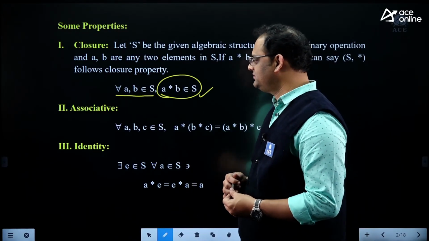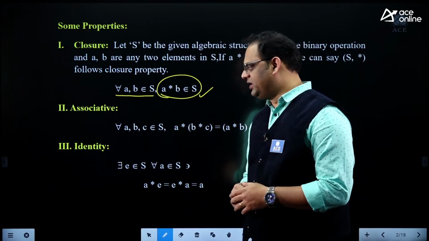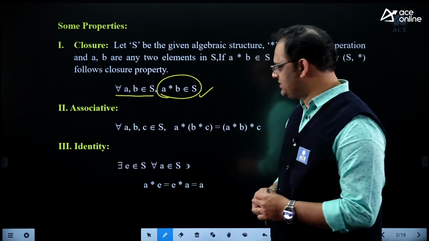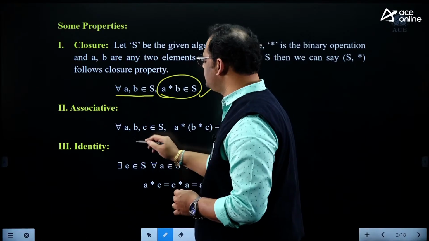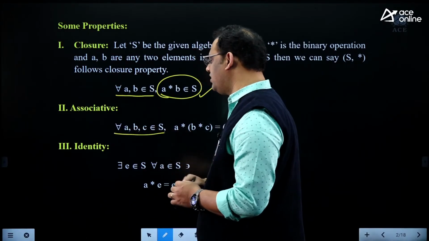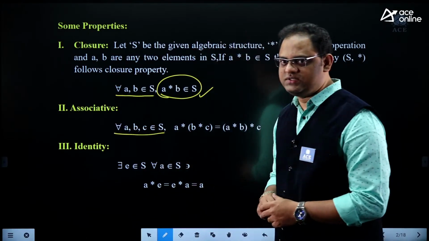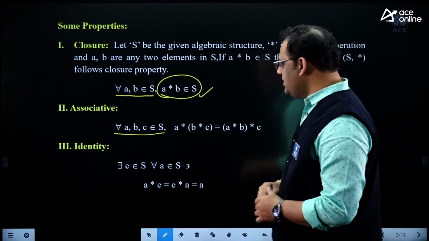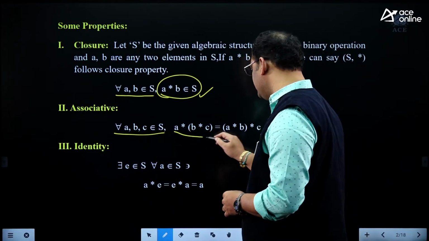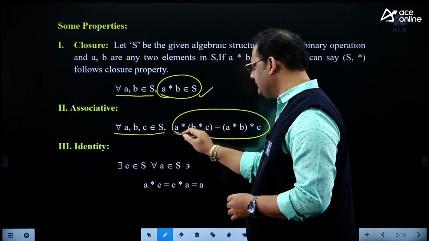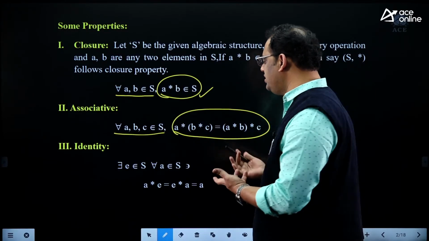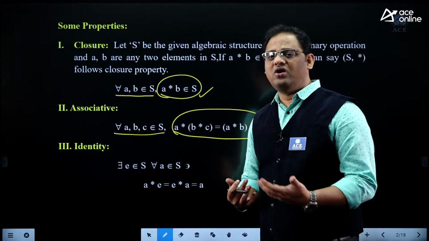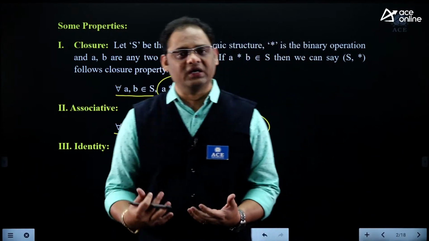Fine. And the associative property, we have the associative property like this. Let S be the given algebraic structure. For all a, b, c belonging to S, (a star b) star c is the same as a star (b star c). My dear, the associative property says that the order of the operation doesn't matter.